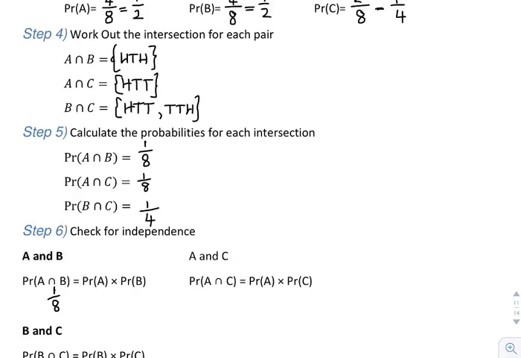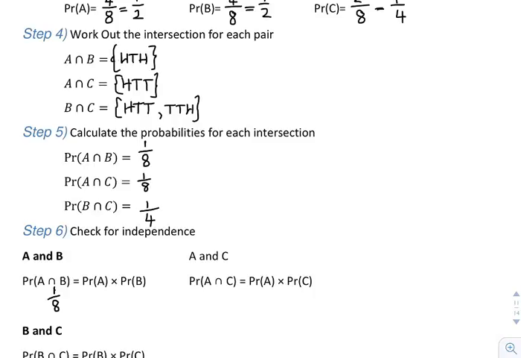Now, the checks for independence. We have that rule that we found last time, which said that for two events to be independent, the probability of the intersection of A and B has to be equal to the probability of event 1 times the probability of event 2. So we know the probability of the intersection of A and B is written as 1/8.